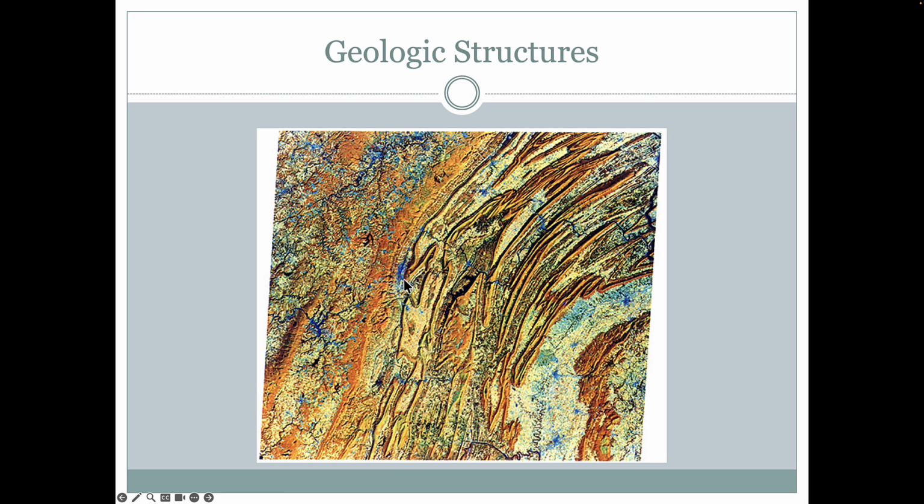They kind of go back and forth like that because that's exactly what's happening here. This is a plunging series of synclines and anticlines. Their axes are not horizontal, but they're dipping into the ground. And it gives this very unique pattern where we just kind of go back and forth and back and forth and back and forth as we trace these patterns along the ground of the ridges in the Valley and Ridge province of Pennsylvania.